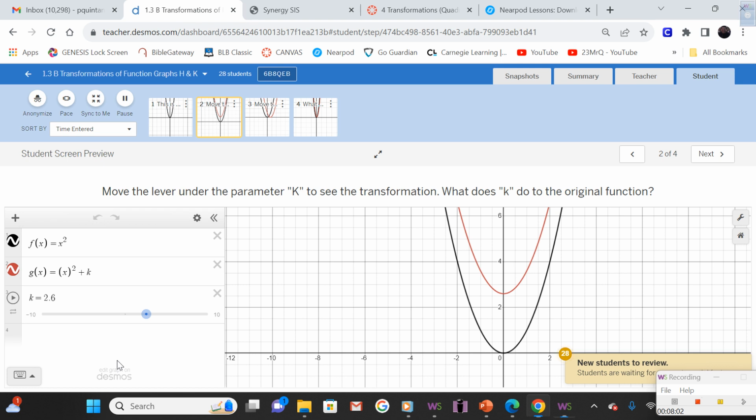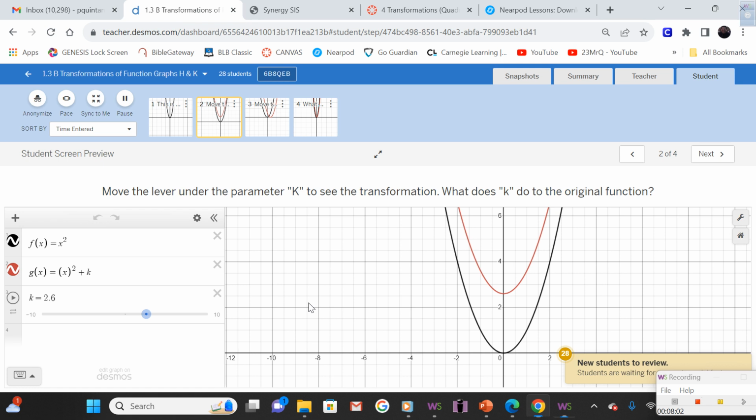All right, talk to your neighbor, let them know what you noticed. What did you notice when you moved it? Make sure they agree with you. All right, we got a yes.